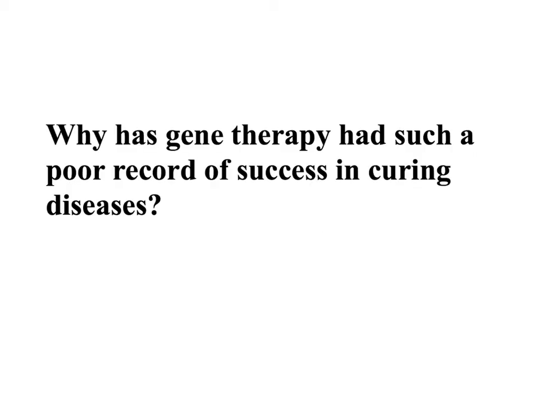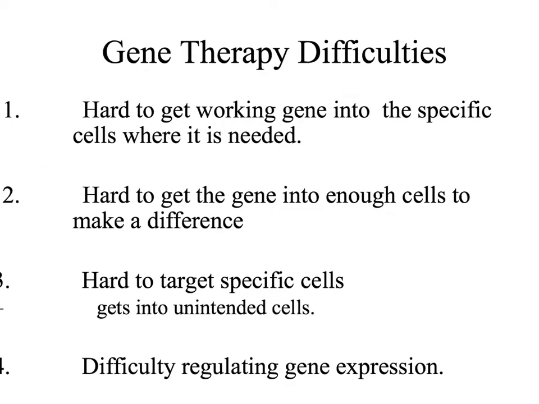We've mentioned that gene therapy has good success for preventing and detecting diseases. However, it's important to look at why gene therapy has such a poor record of success in curing diseases. There are 4 major reasons that gene therapy has difficulties. 1, it's hard to get working genes into the specific cell where they are needed.